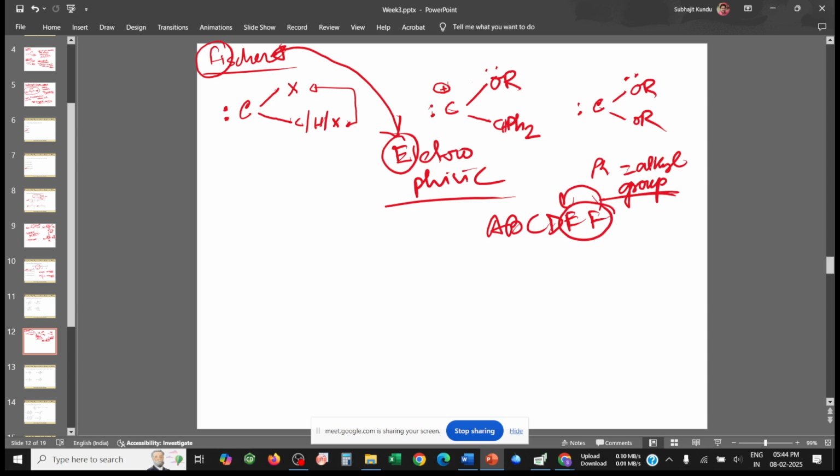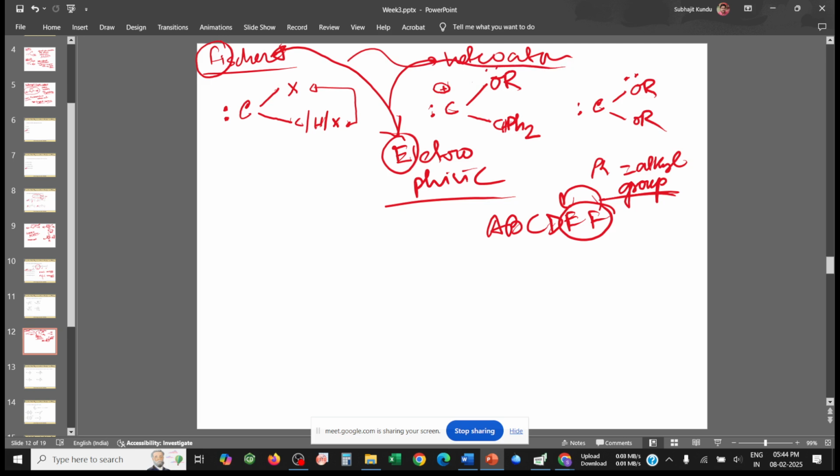In my earlier days, I was also trying to remember this for the exam. Because in the exam you cannot have the time to think about all of this, like substitution, and Fischer contains heteroatom. So if you remember one, the other is automatic.